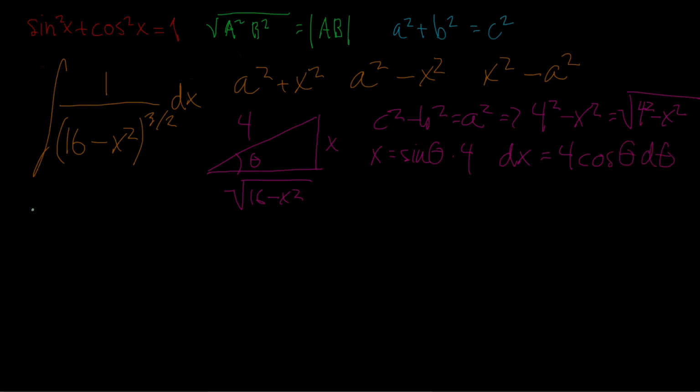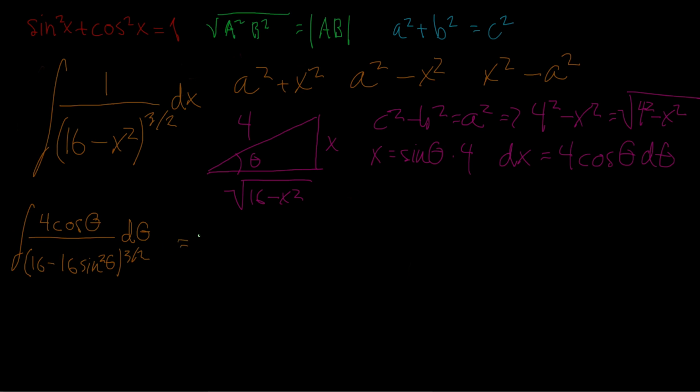So now I can draw my integral as 4 cosine theta d theta over 16 minus 16 sine squared theta to the 3/2 power. And all I did here was I subbed in my x, and I got 16 sine squared.